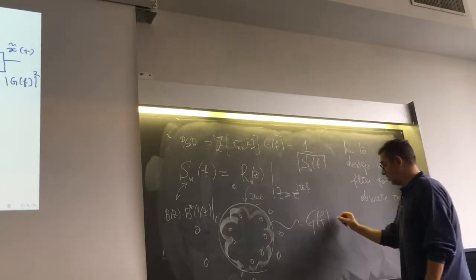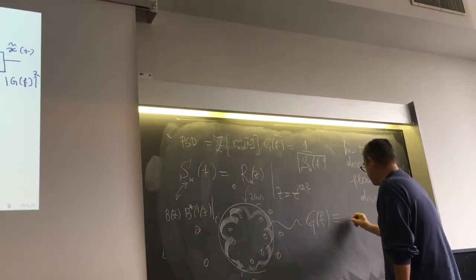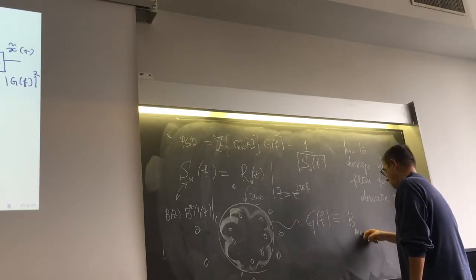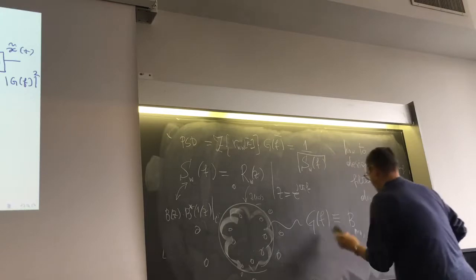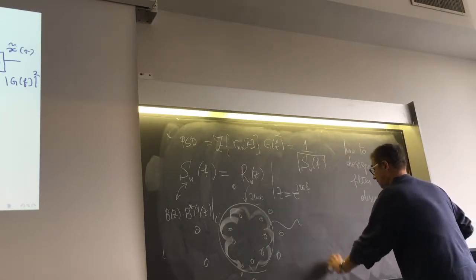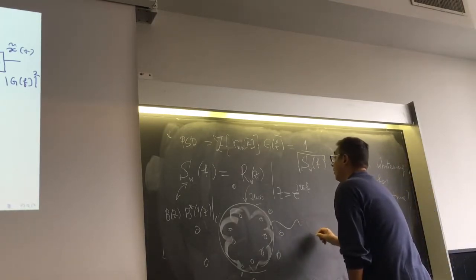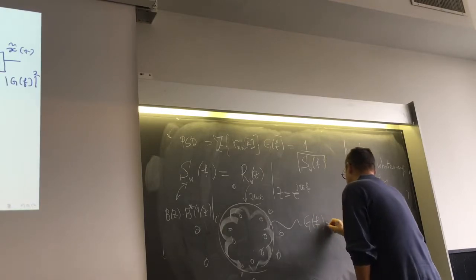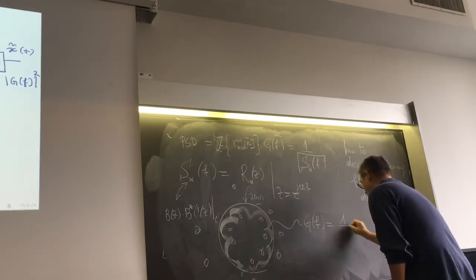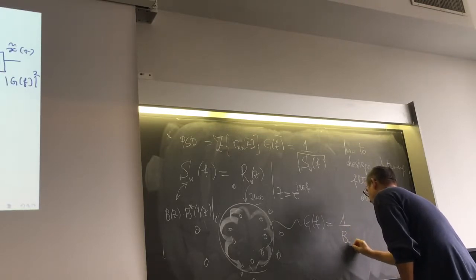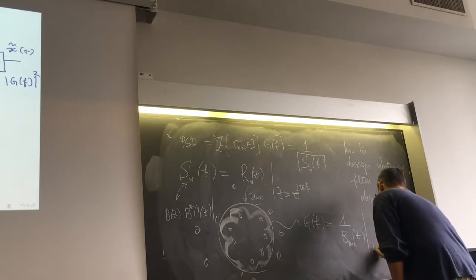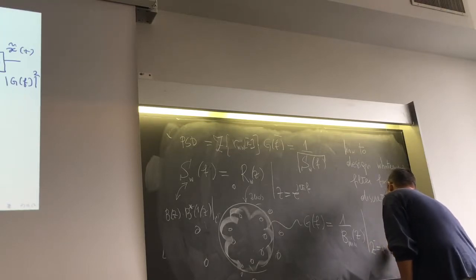All the zeros are obtained as B minimum phase, and from this one I get the G(f), which is equal to 1 over B minimum phase of z, calculated for z = e^(j2πf).